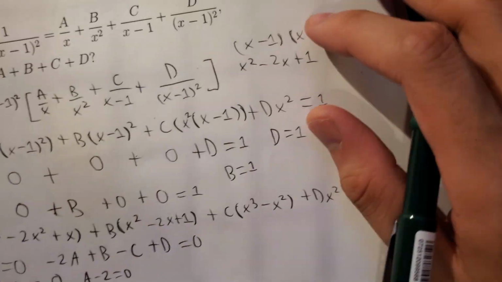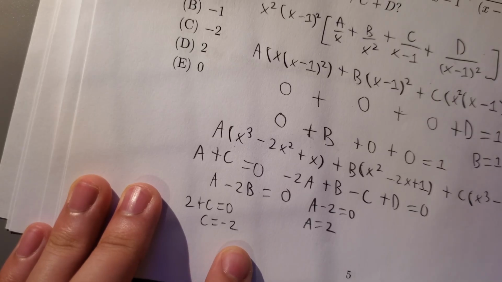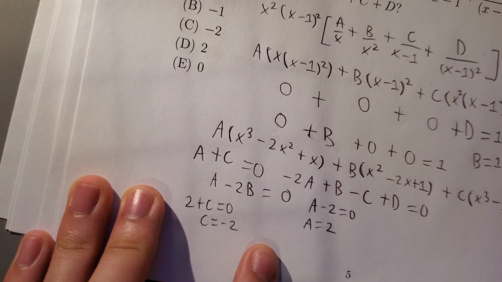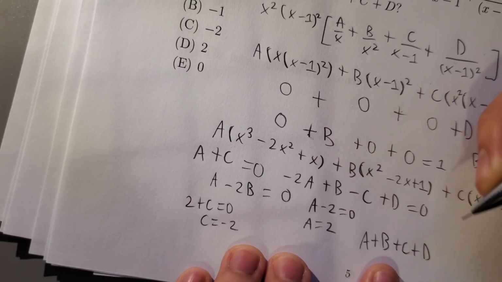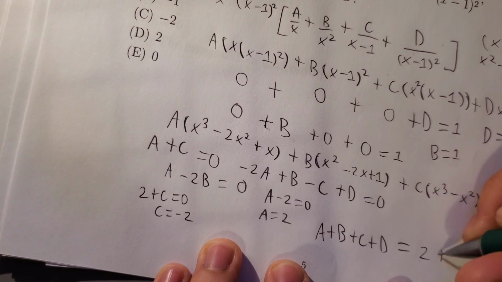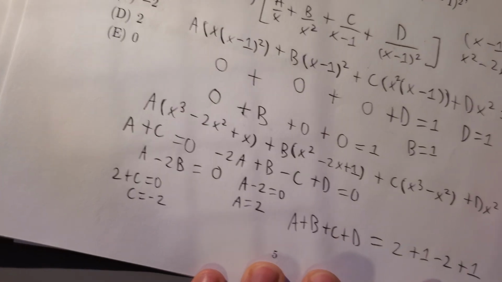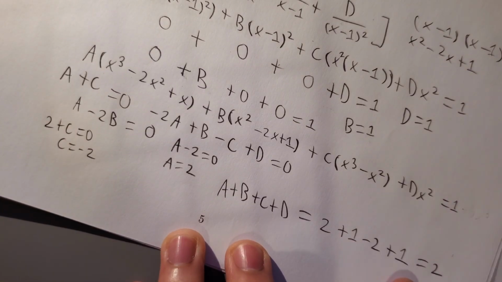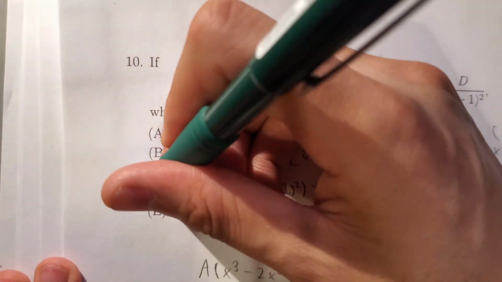We know that d and b are equal to 1, a is equal to 2, and c is equal to negative 2. So a plus b plus c plus d is equal to 2 plus 1 minus 2 plus 1, which just equals 2. So the answer to this question is D.